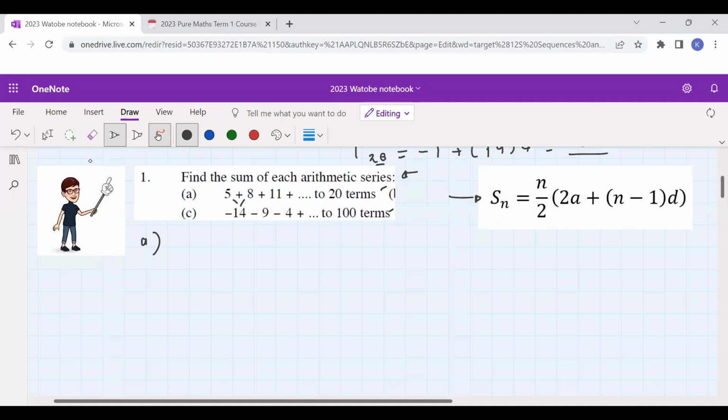What is our constant difference in A? We have 5, 3, it is 3 and 11. It is positive 3 because we are adding 3. So 3 would be our constant difference.